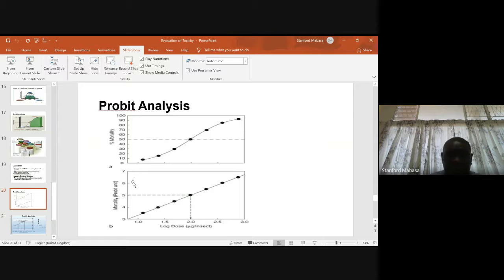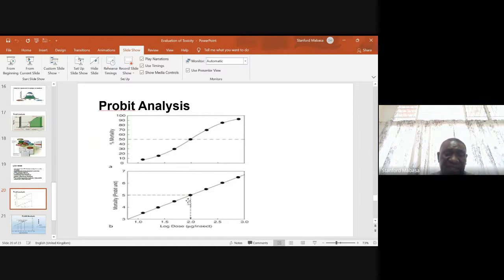But if we change the x-axis to logarithms of the concentrations, then we change these to probits or probabilities, and we can produce a straight line. And this is what they call Probit analysis.